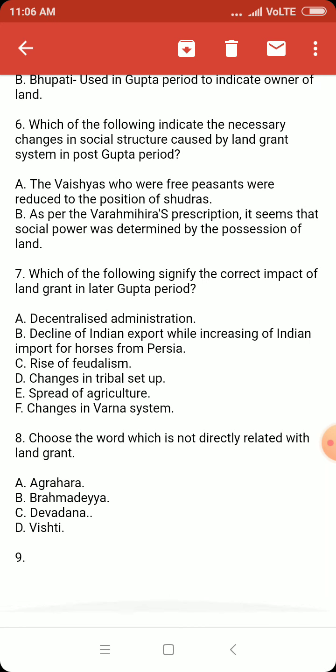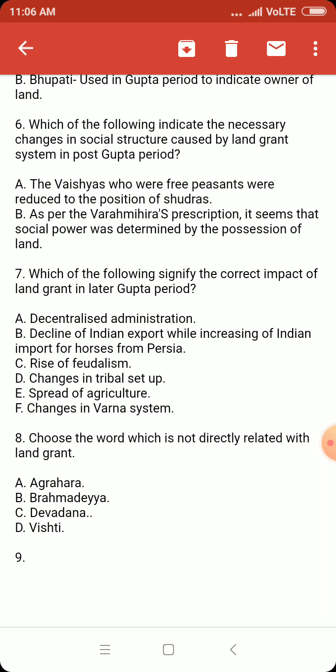Option B: decline of Indian export while increasing Indian import of horses from Persia. This is also correct, because horses became a part of medieval India, and they are also an important factor of feudalism. It is a symbol of status and power to control other beneficiaries. Various conflicts happen among the landlords, or you can say among the barons.